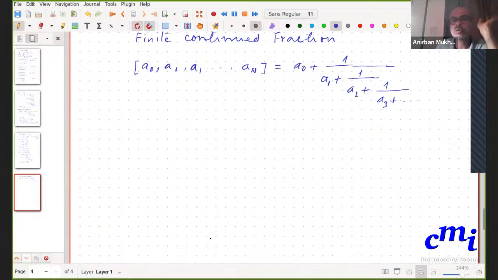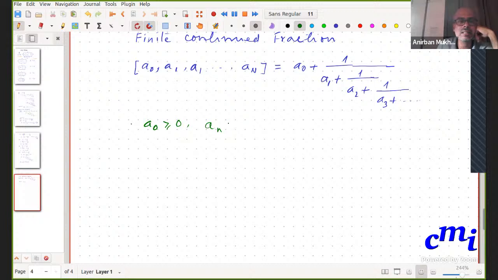You can think of them as non-zero real numbers, at least to start with. a0, of course, can be 0. Maybe we should have the convention that a0 is greater than or equal to 0, and all the others can actually be negative as well.